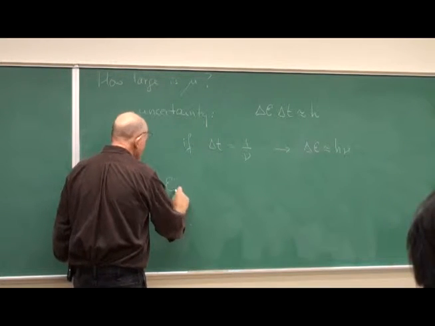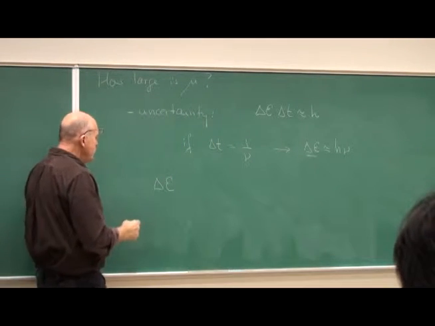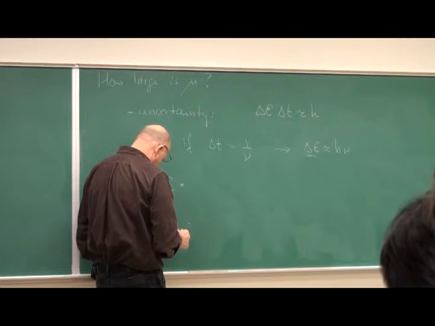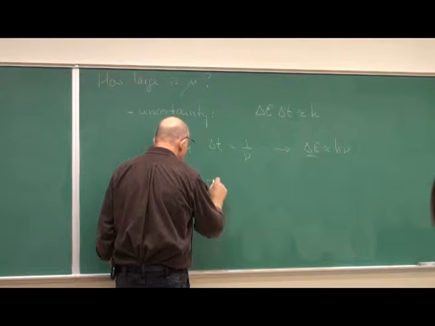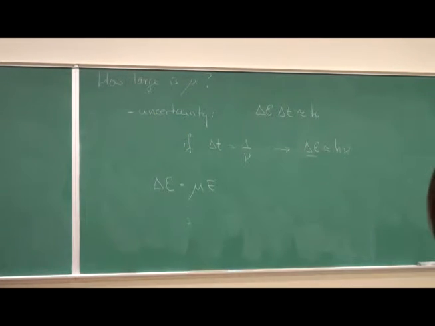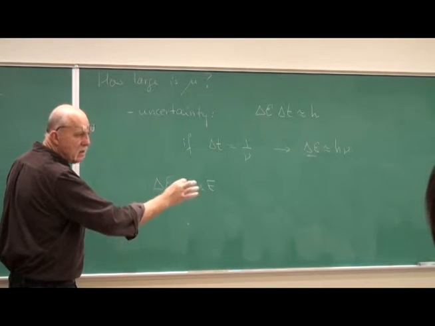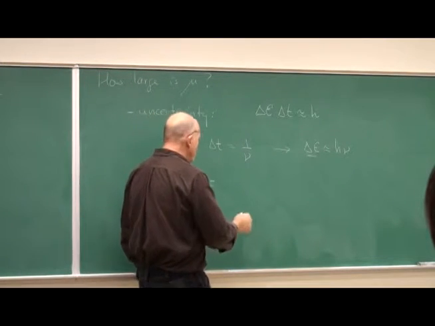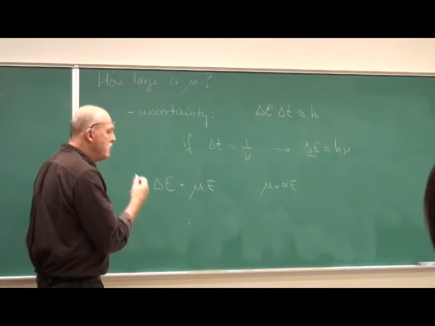Now, again, using dimensional analysis, the question is, what is this energy? You can write the energy as mu times E, just on dimensional grounds. Energy of a dipole in a field is just minus mu dot E. So the units are this. And we also know that mu is alpha E, when we have some polarizability.